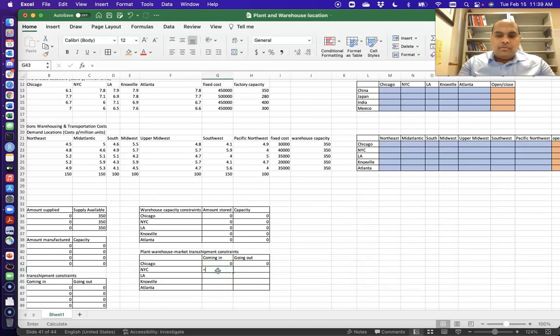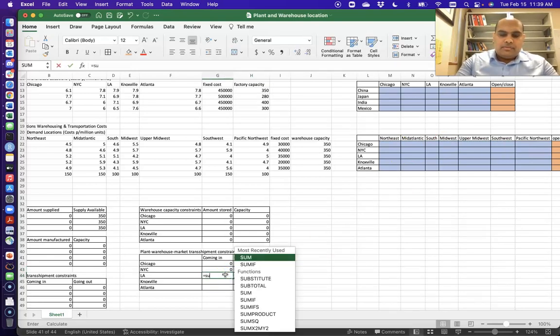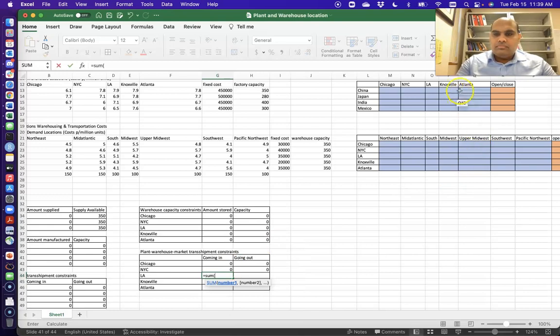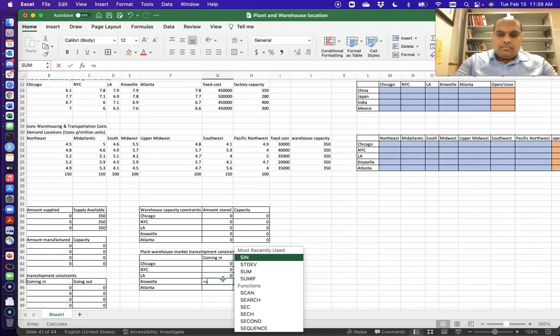Same goes for the New York City warehouse. Total supply coming into the New York warehouse is equal to the total supply going out of the New York warehouse. LA next. Supply coming in and the total supply going out. Next, Knoxville.